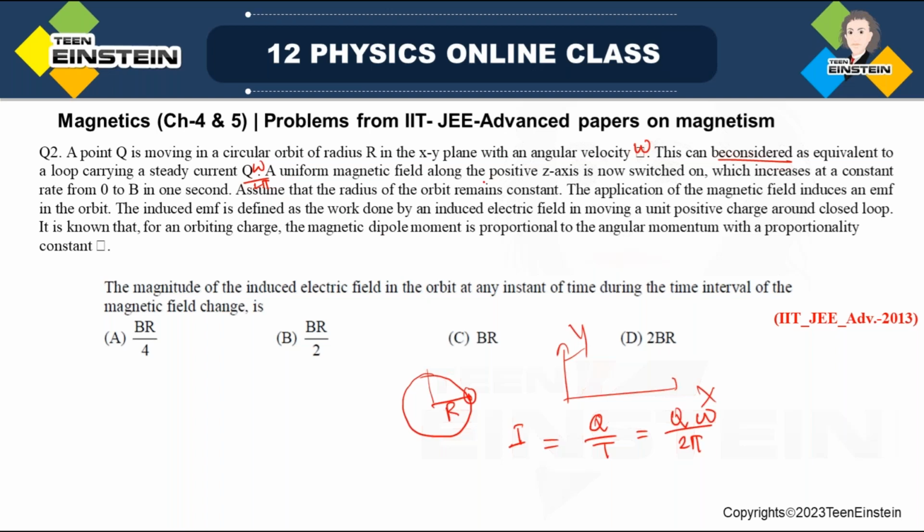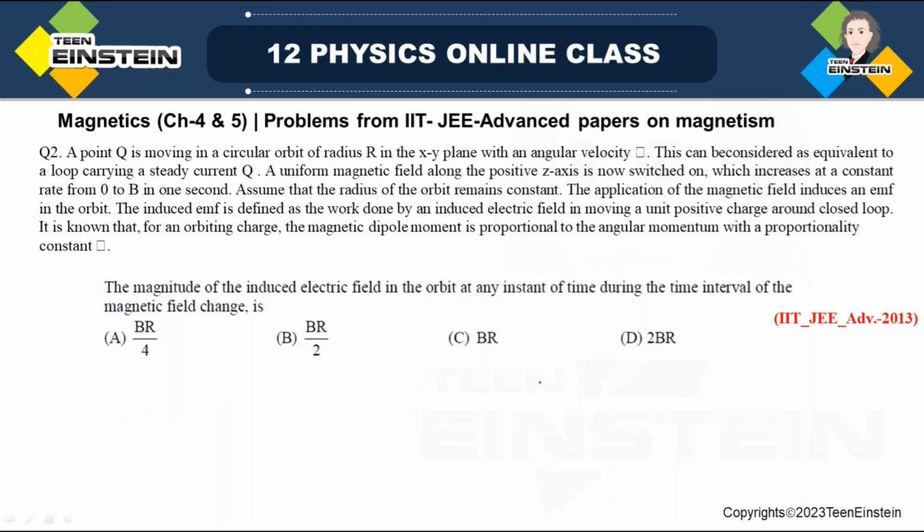A uniform magnetic field B along the positive X is now switched on, which increases at a constant rate from 0 to B in 1 second. That means dB by dt is B only.